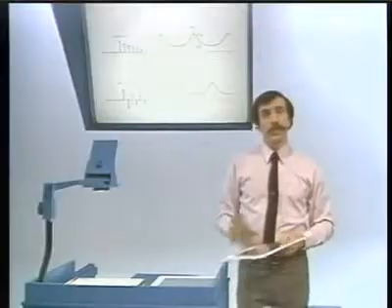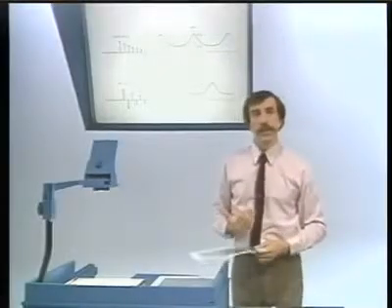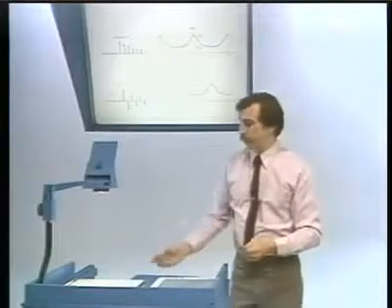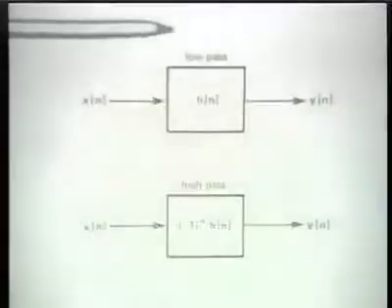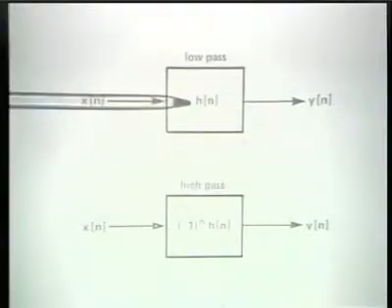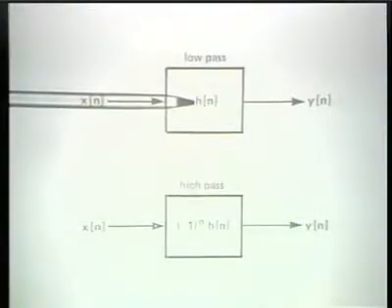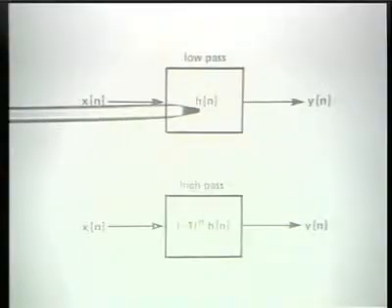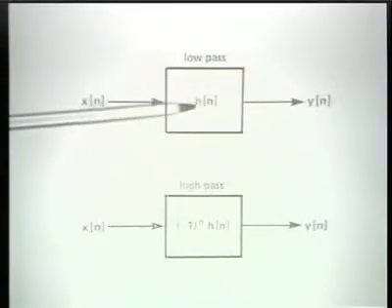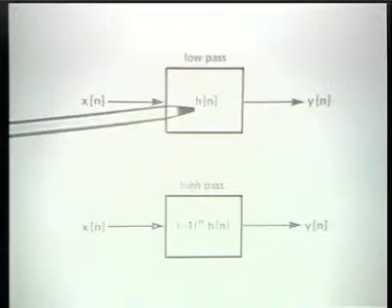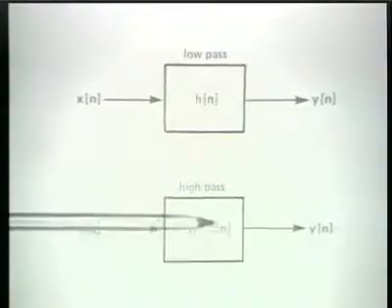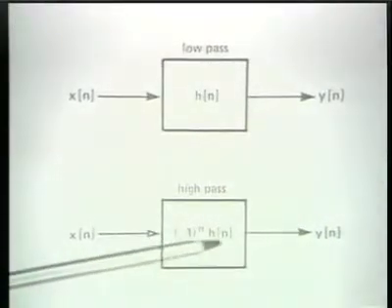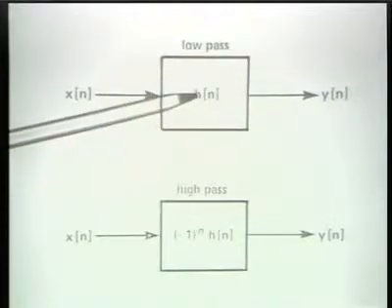Now, it's interesting that what that says is that if we have a system which corresponds to a low-pass filter, as I indicate here, with an impulse response h of n, and it can be any approximation to a low-pass filter and even an ideal low-pass filter, if we want to convert that to a high-pass filter, we can do that by generating a new system whose impulse response is -1 to the n times the impulse response of the low-pass filter.